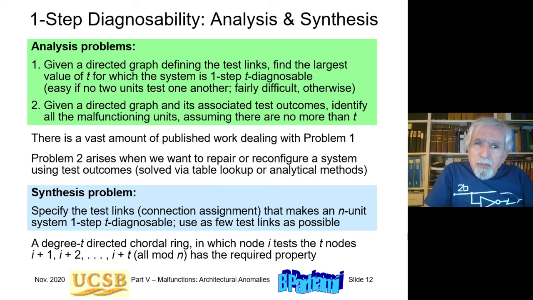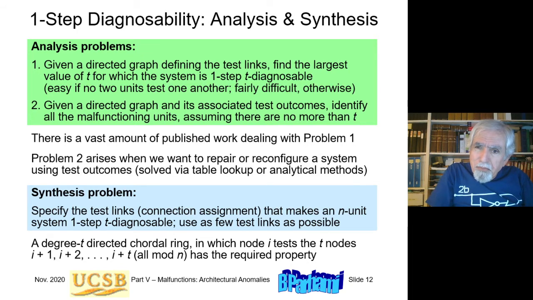Another analysis problem: given a directed graph and its associated test outcomes, identify all the malfunctioning units, assuming that there are no more than t. Of course, if the system is t-diagnosable, we won't allow more than t malfunctioning units because diagnosability is only guaranteed up to t. But which t of the units are malfunctioning?